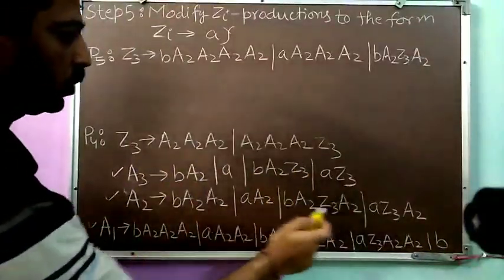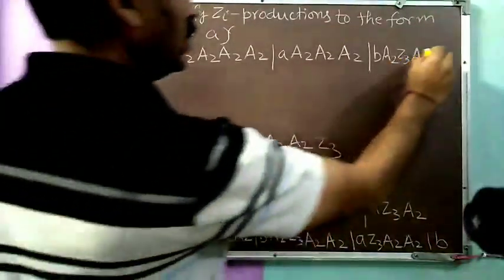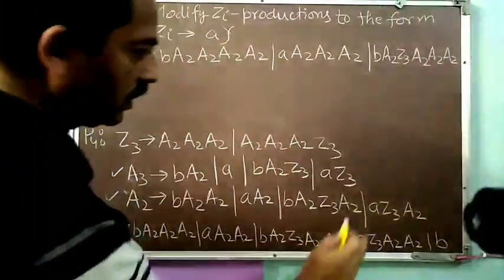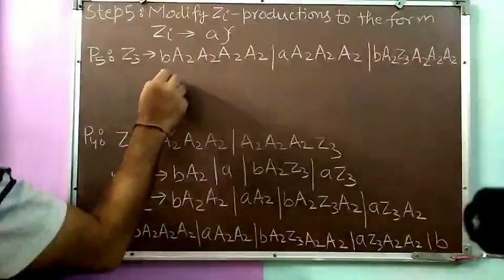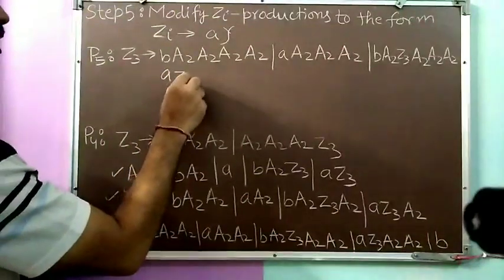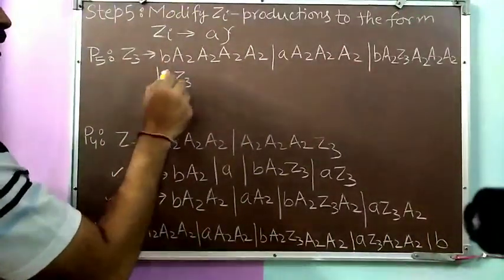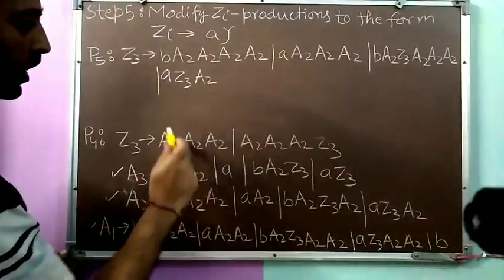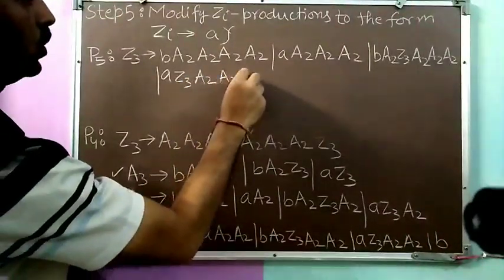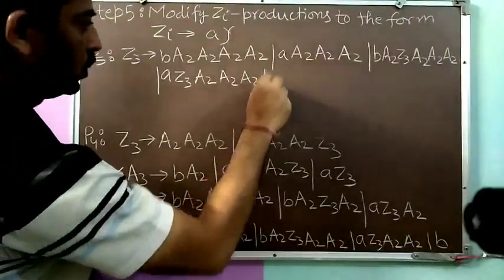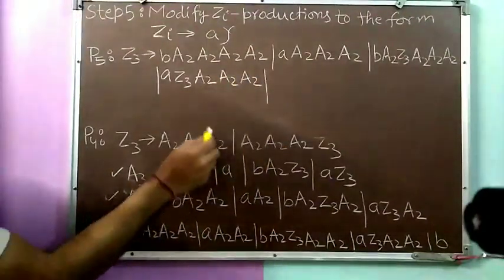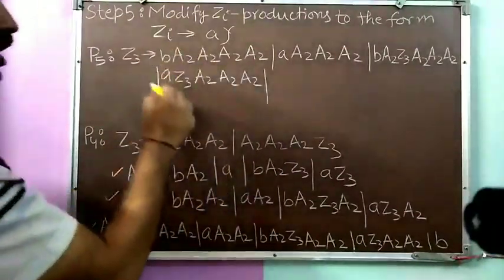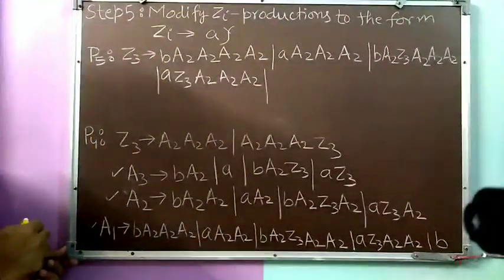So A2 and A2. And then A, Z3, A2, followed by A2, A2, A2, A2.